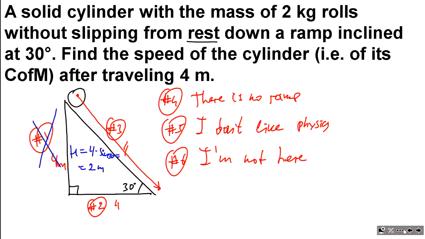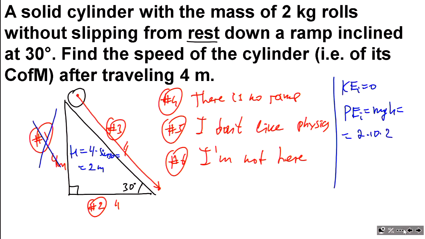Now we can start writing the equations. The initial kinetic energy will be equal to 0, but the initial gravitational potential energy will be equal to 2 times 10 times 2 relative to the ground.